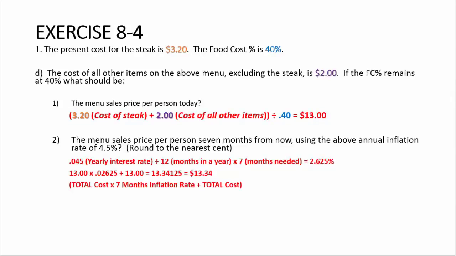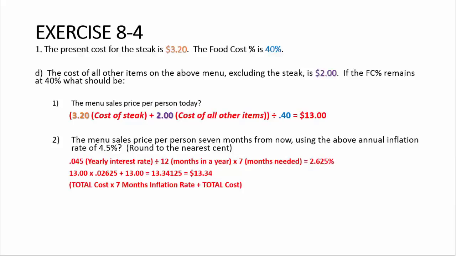Now we come down to the same menu sales price, but we want to add 7 months of inflation using the rate of 4.5% that we had above. So the first thing we have to do is get a unit cost for our annual rate. The annual rate is 4.5%, or decimal 0.045.